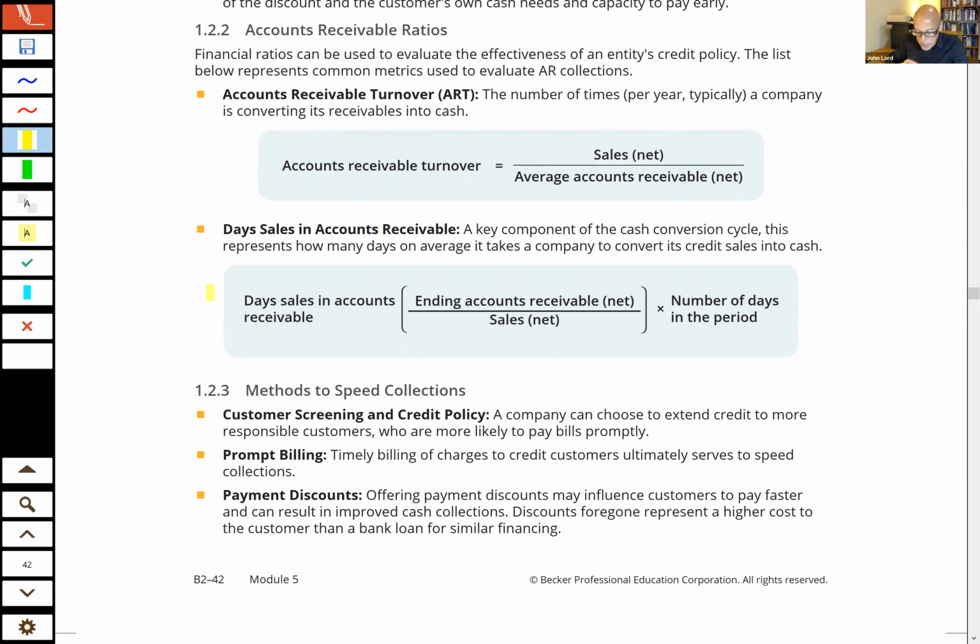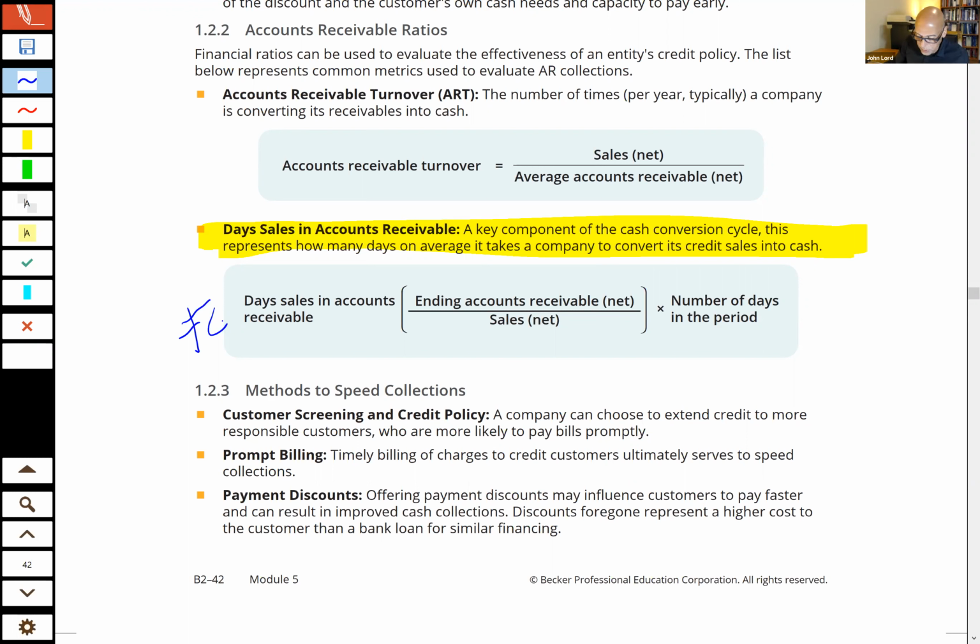Now, days sales in accounts receivable, we talked about the turnover, but I do want you to flashcard this because we haven't talked about it yet. Days sales in accounts receivable is calculated as our ending accounts receivable divided by the net sales times the number of days in the period.